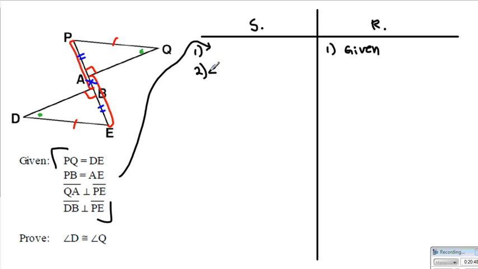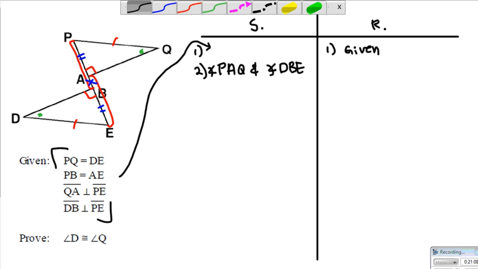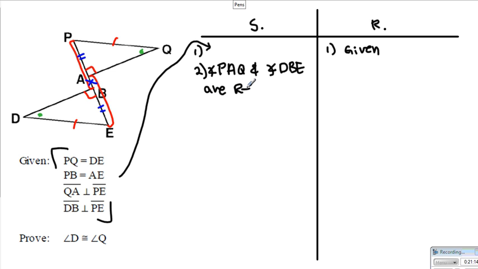Here, angle PAQ and angle DBE. Those are right angles. Now, of course, the reasoning is perpendicular lines form right angles.